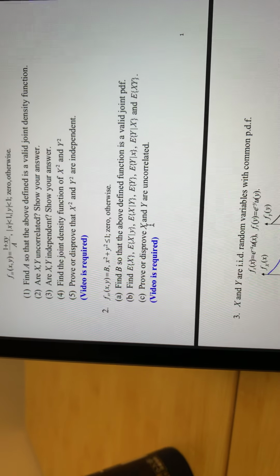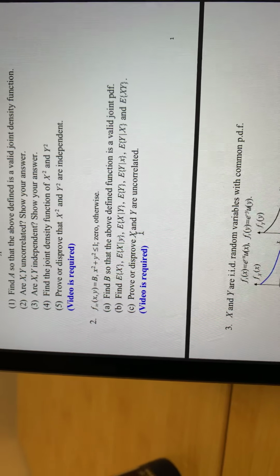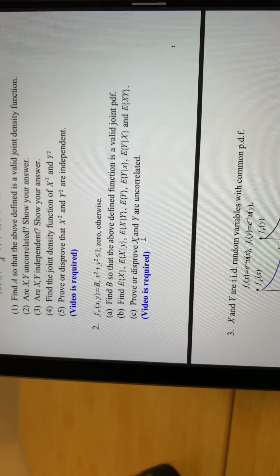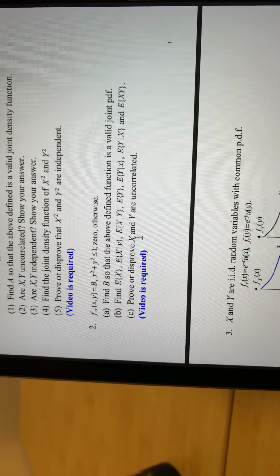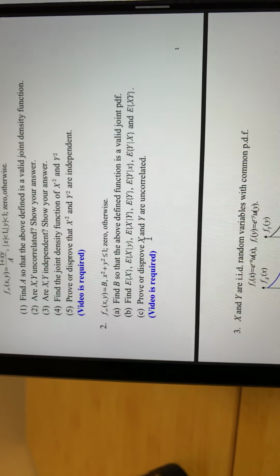Okay, this comes to this question, and we have a joint density function f_XY equal to b when x squared plus y squared is not bigger than 1, and 0 otherwise. The first part: we should find b so that the above defined function is a valid joint probability density function. That's quite easy.